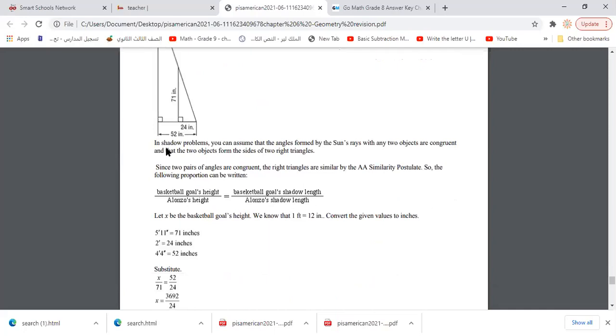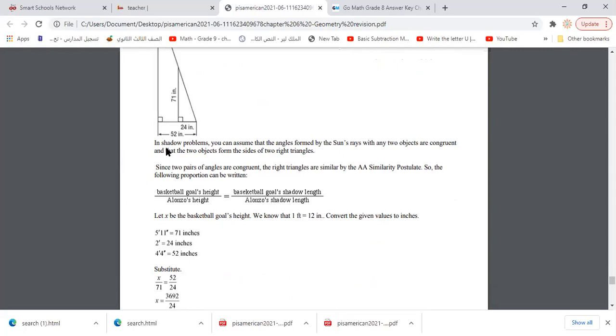5 feet 11 inches, you know that each 1 foot is 12 inches, right? Then 5 times 12 equals 60, plus 11 equals 71. 2 feet is 24 inches. 4 feet: 4 times 12 equals 48, plus 4 equals 52.